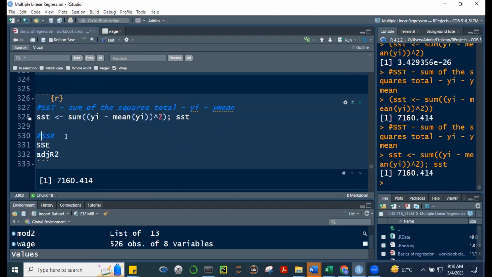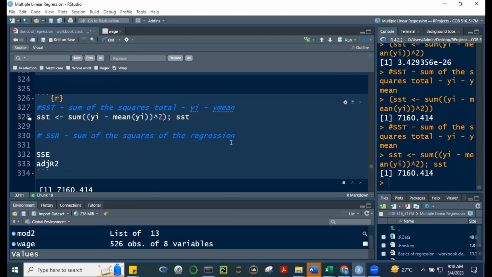Now what is SSR? Si SSR naman is sum of the squares of the regression. Okay. So what are we measuring here? Di ba nag-model tayo, nag-model 5 tayo? Okay? So what we're going to do here is, we will get the difference between yung y hat natin, which is your predicted value, minus yung y mean.